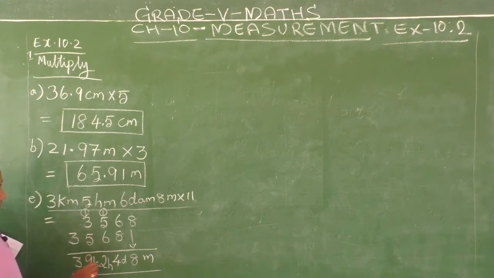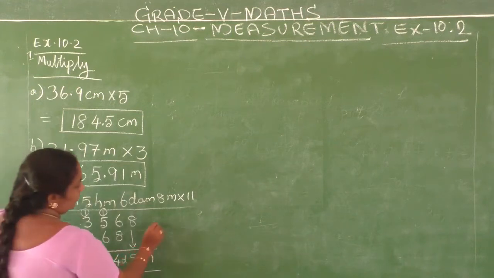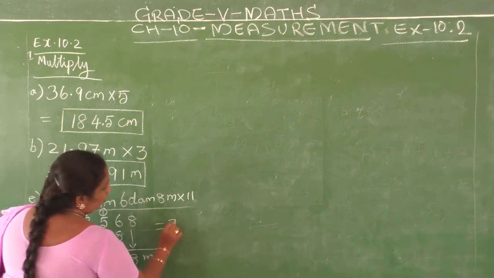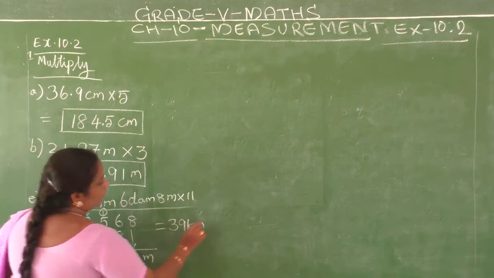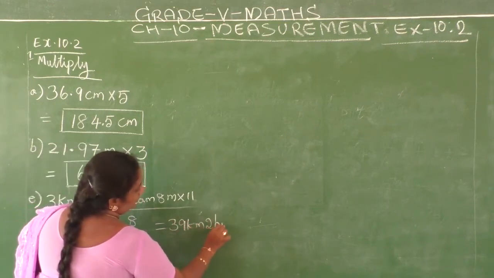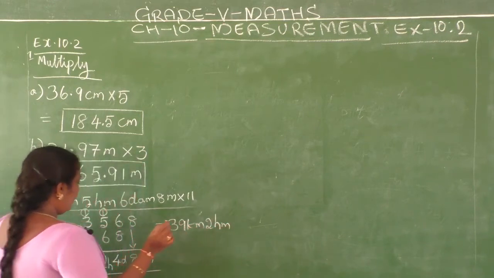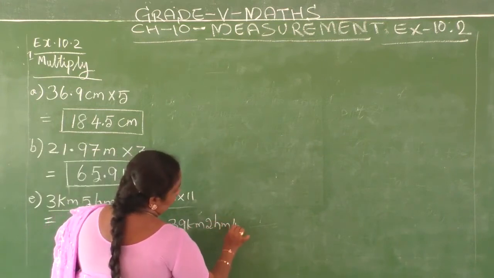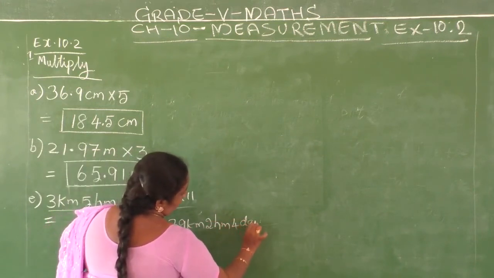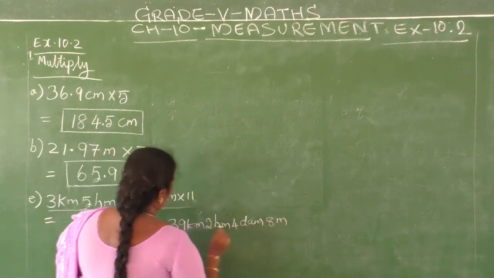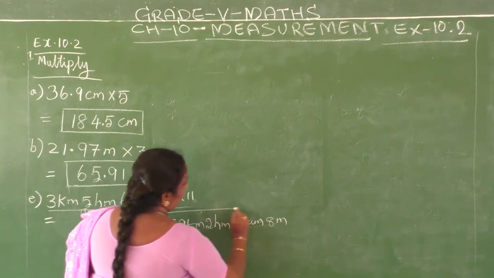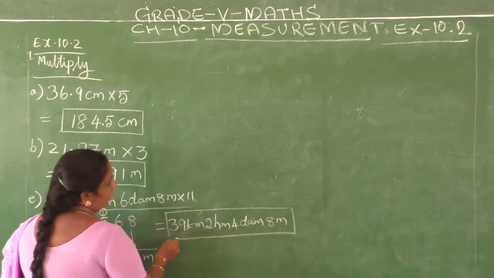Kilometer is coming with 2 digits. So what is the answer? 39 kilometer, 2 hectometer, then 4 decameter, then 8 meter. It's the answer. Normal multiplication only, don't be afraid.